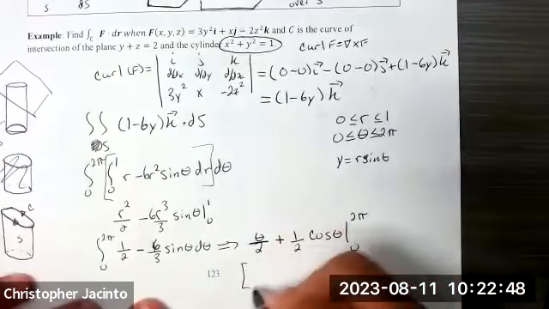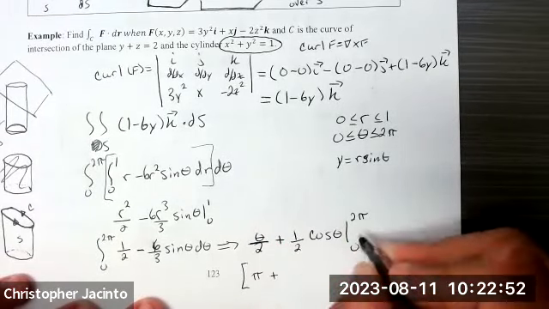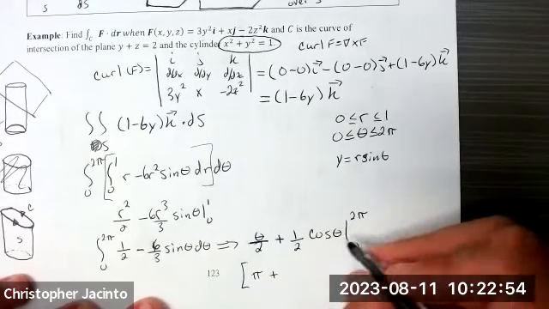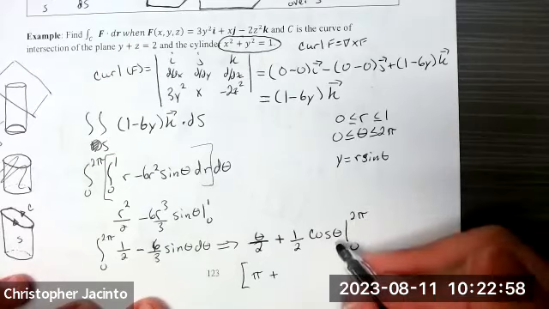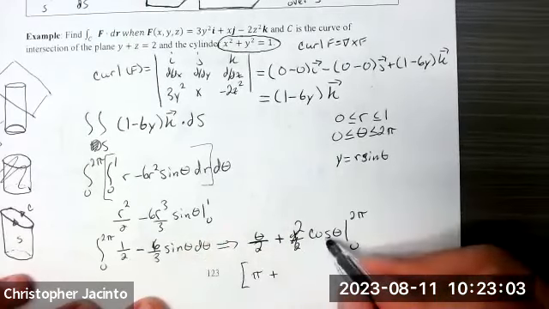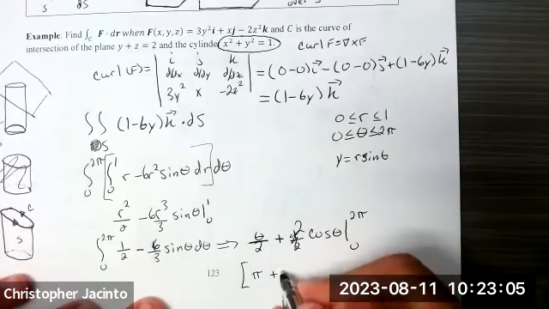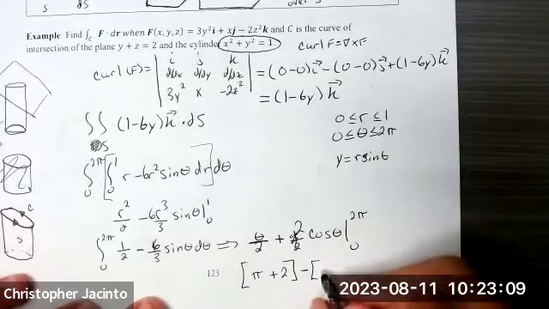Right, plug in 2 pi into here, you would just get pi plus... plug in 2 pi. Cosine of 2 pi is 1, I believe. Yeah, and then, oh no, this is a 2, 2, 1, 2. Is a 1. 2 times 1 is 2. Plug in 0.